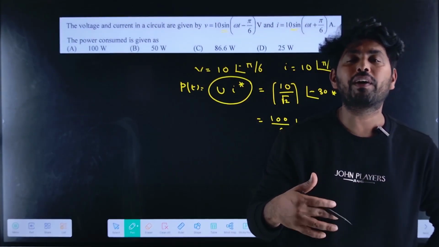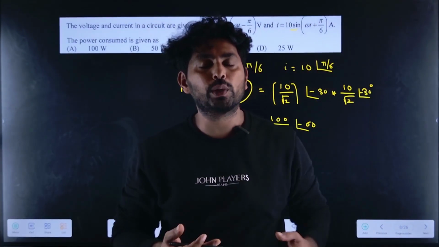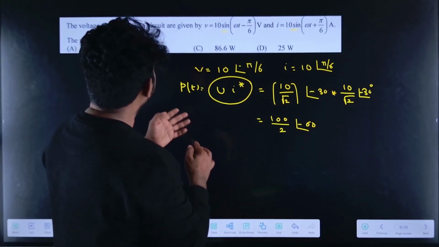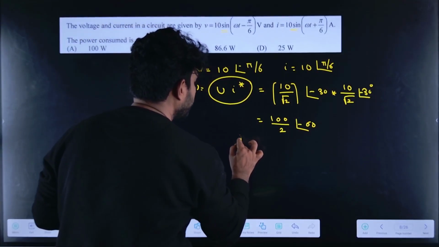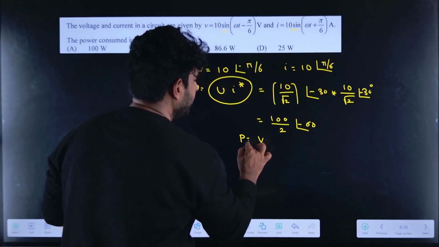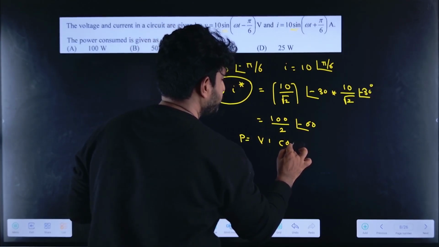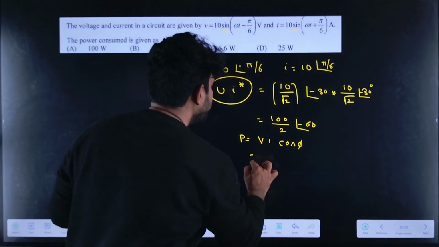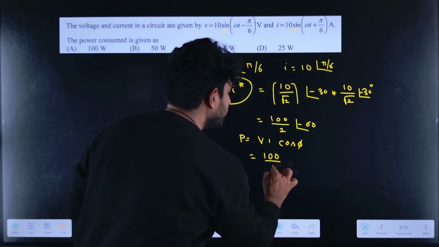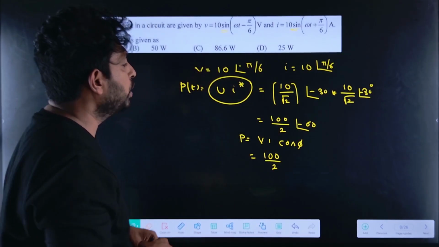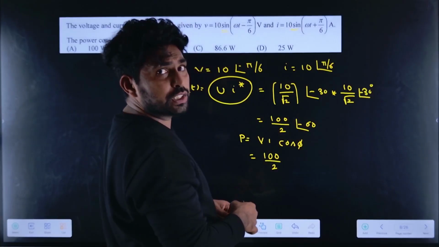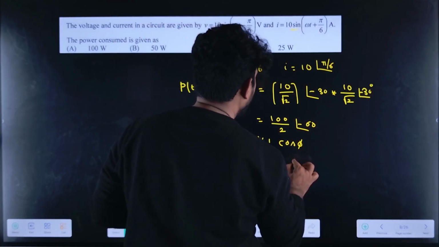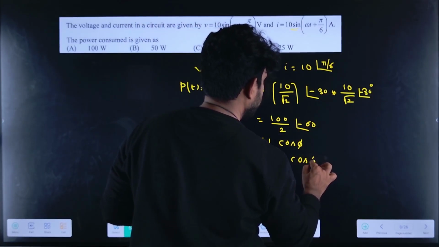Now if I want to find the power consumed, what is the power consumed? The consumed power is always the active power. So power consumed P equals VI cos phi. We already got VI as 100 by 2, into cos 60 degrees.